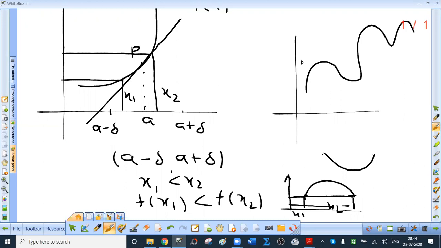A function f is said to be increasing at x equal to a if there exists some neighborhood open interval a minus delta, a plus delta of a such that for any 2 points x1, x2 in this neighborhood with x1 less than x2, we have f of x1 less than or equal to f of x2. f is said to be strictly or monotonically increasing at x equal to a if for any 2 points x1, x2 in this neighborhood with x1 less than x2, we have f of x1 less than f of x2.